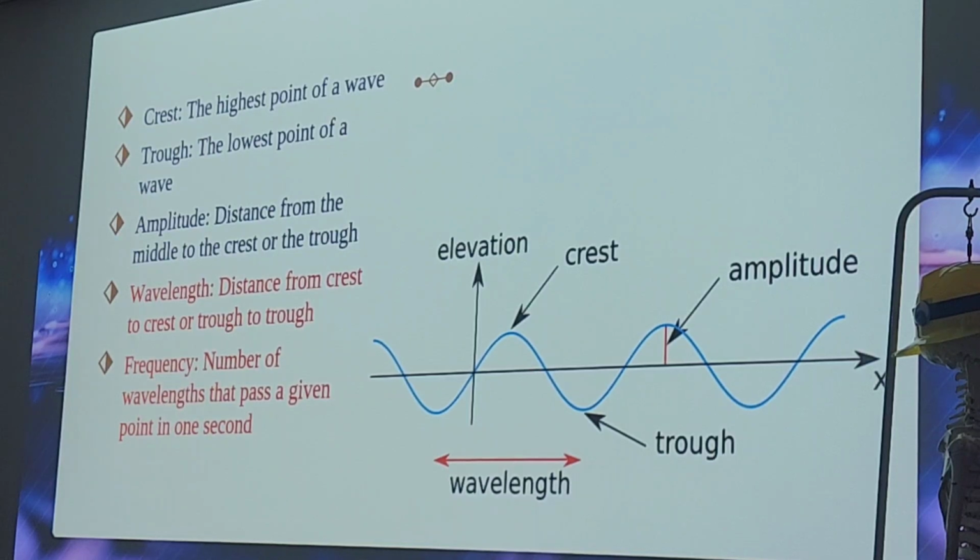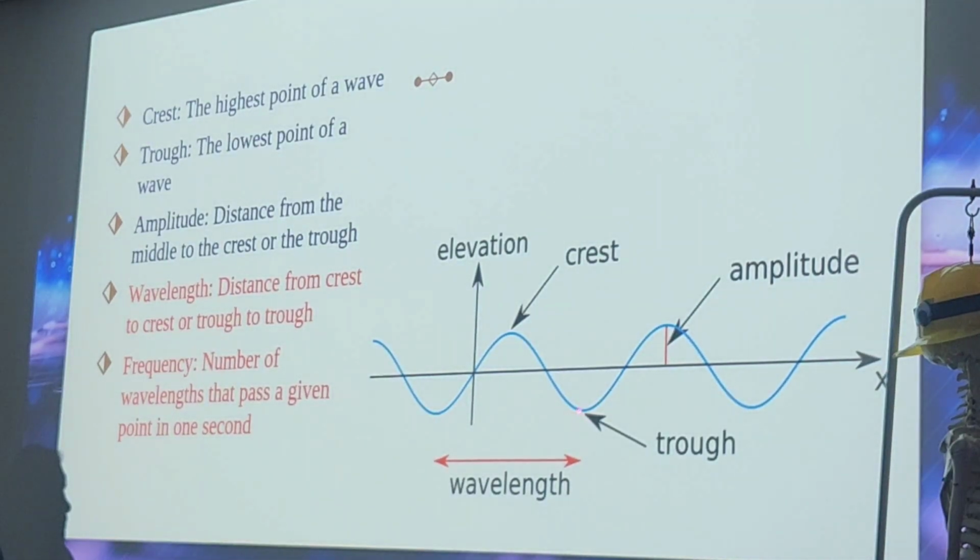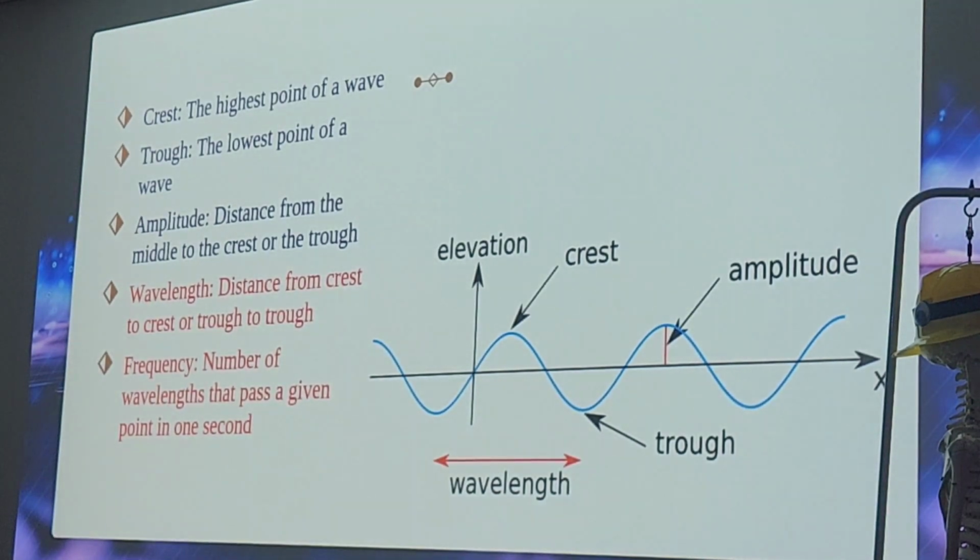Wavelength is the distance from a crest to the next crest, or the distance from a trough to the next trough. And last but not least, we have our frequency, which is the number of wavelengths that pass a given point in 1 second.